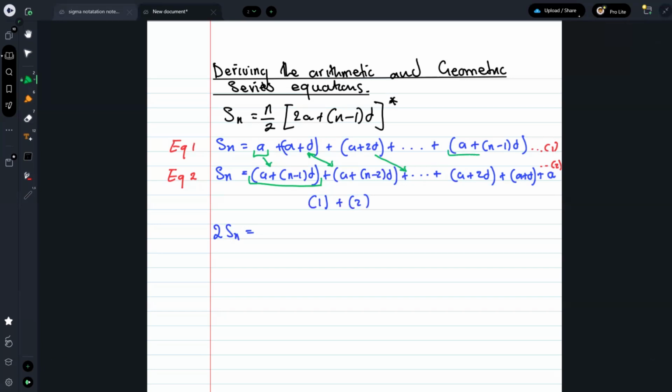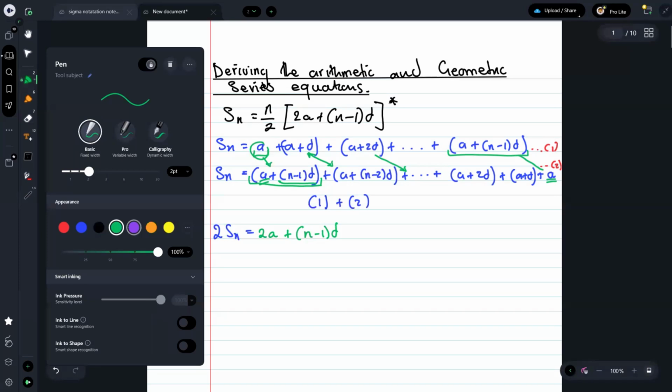The last term here is going to correspond with the last term there, which is a. So here you have a plus this part, which gives us 2a plus (n minus 1)d. This part is straightforward because you're just adding a to this a, and you keep this part. Now let's look at the second part here.